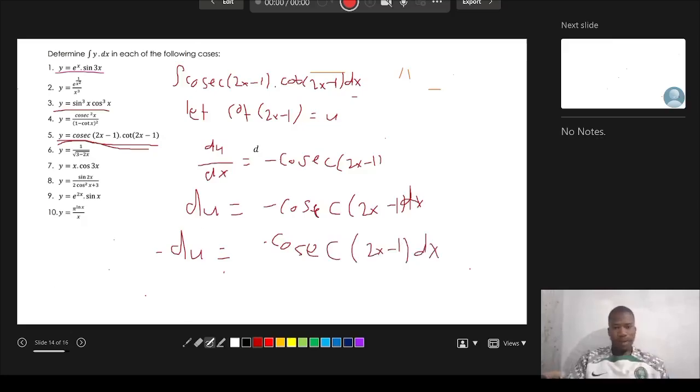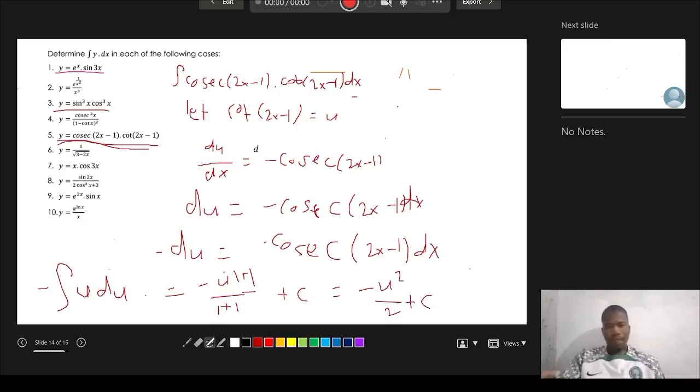Then we change our equation into the negative integral of u du, which is equal to minus u to the power 1 plus 1 over 1 plus 1, plus c, right? Then it's equal to minus u squared all over 2 plus c.